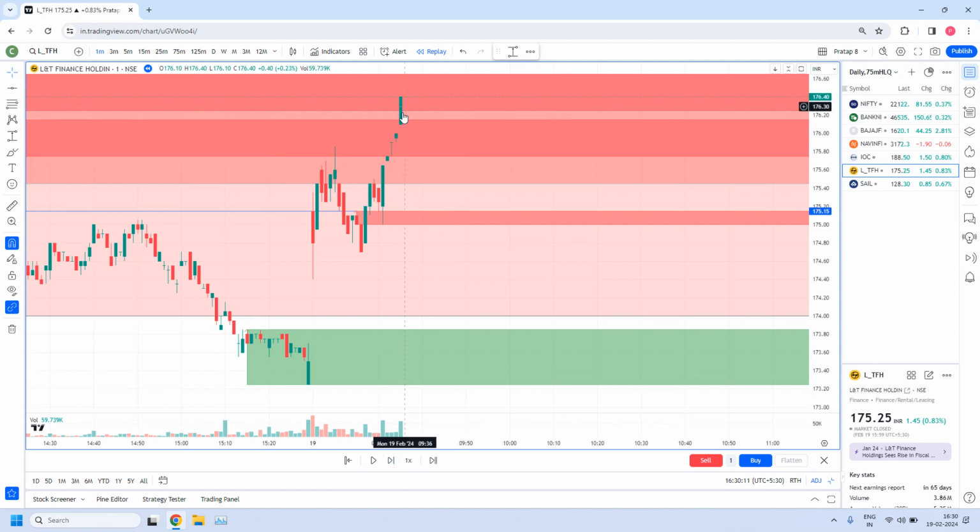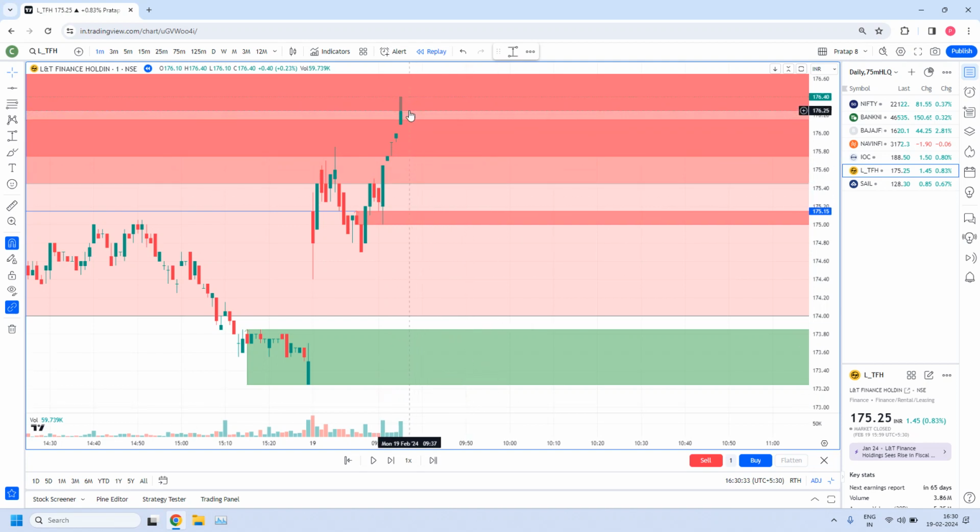Now we got an entry in the next supply zone, which is a fresh supply zone. Definitely we need to plan a trade because this is a fresh zone. Moreover, below this zone there is a gap. So by the time it might have consumed some of the demand here. So we planned a trade.